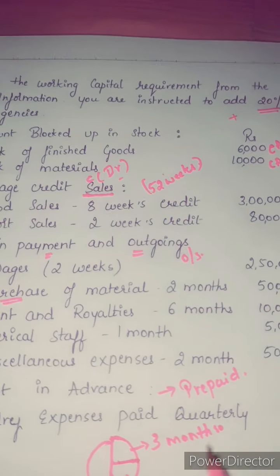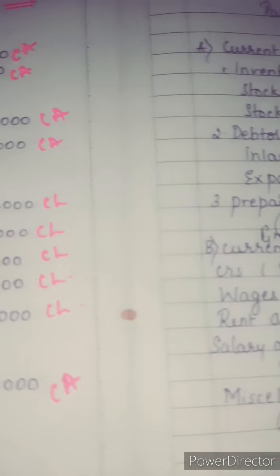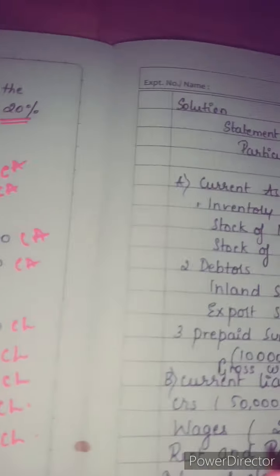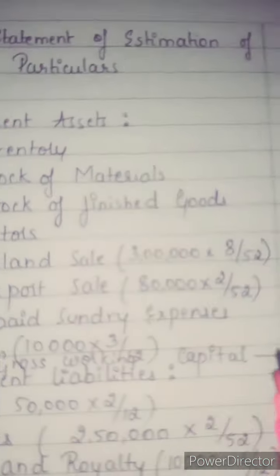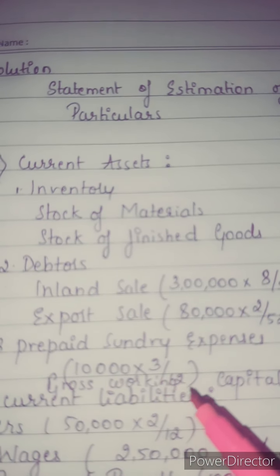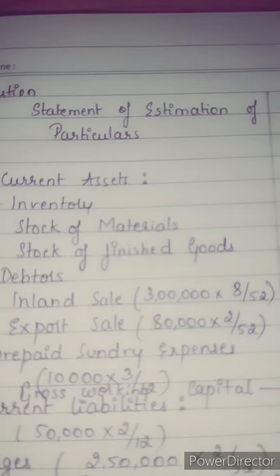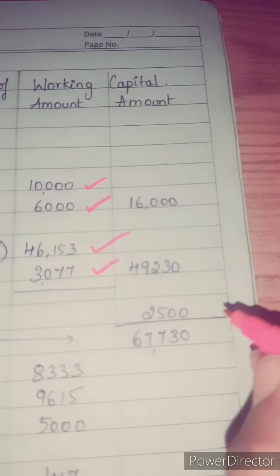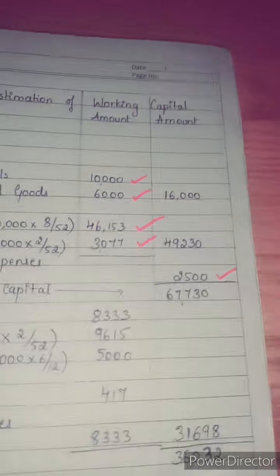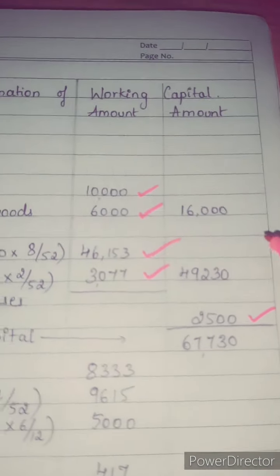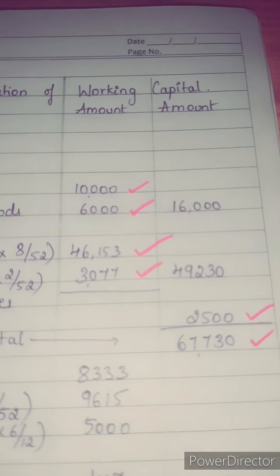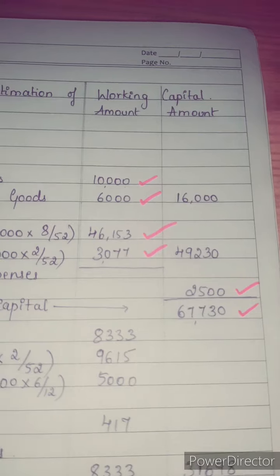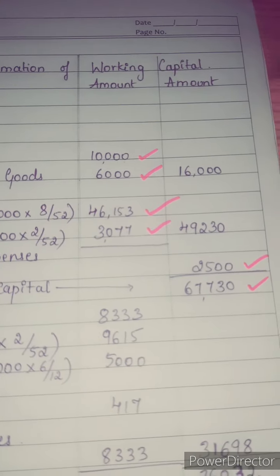So 10,000 into 3 divided by 12, that is equal to 2,500. So the total of current assets is 67,730, that is our gross working capital.